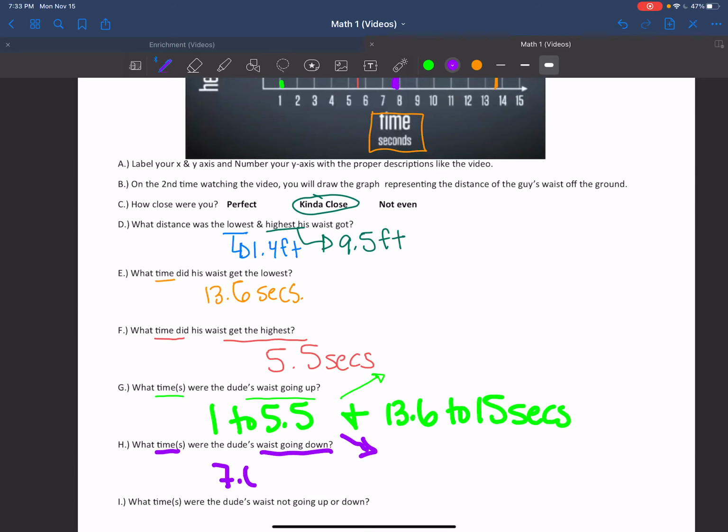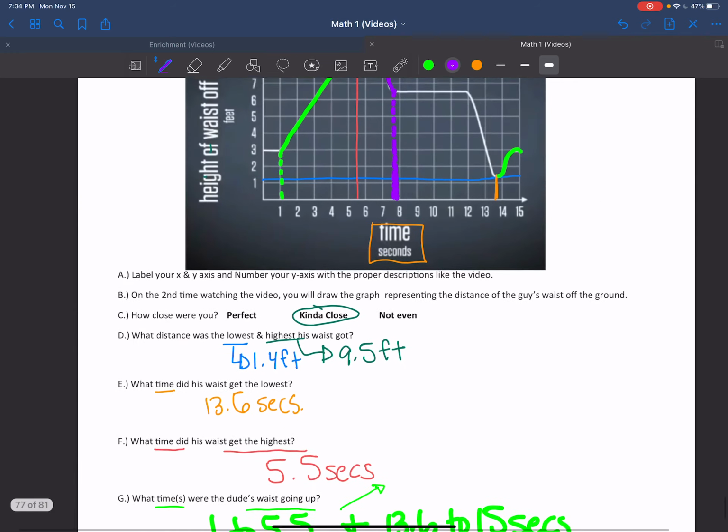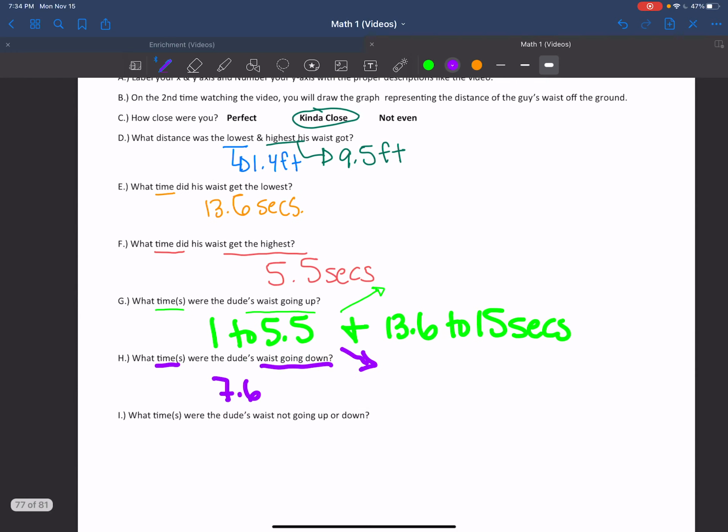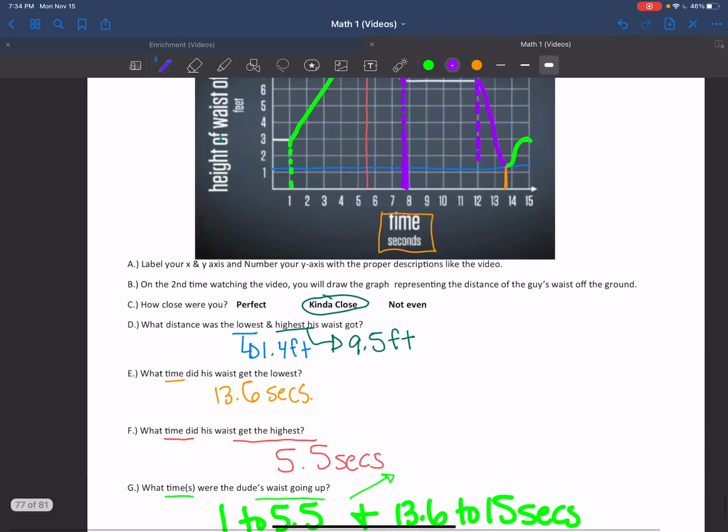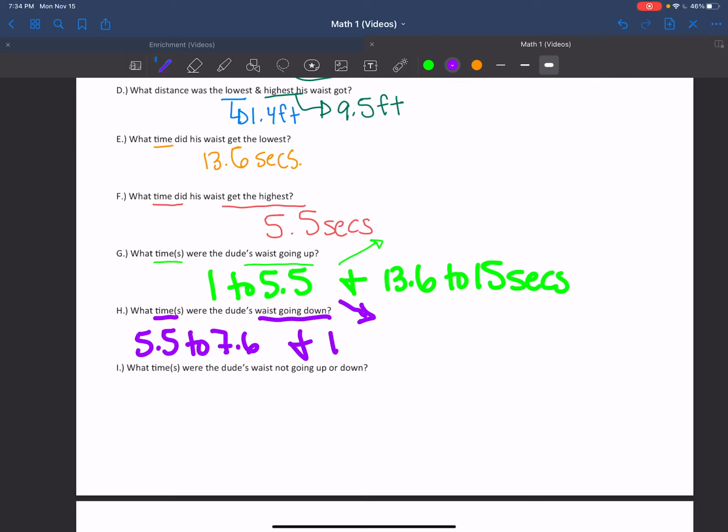So from 5.5 to 7.6, he went down. And there's one more time that he's dropping down, in this part of the graph, and that is from 12 to what we said was 13.6. So he also went from 12 to 13.6 seconds. That's when his waist was getting lower.